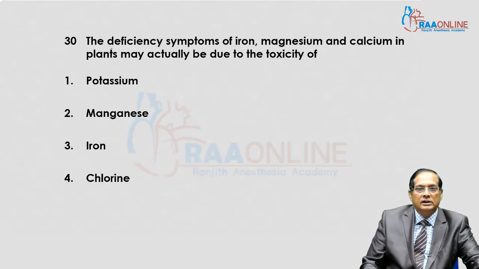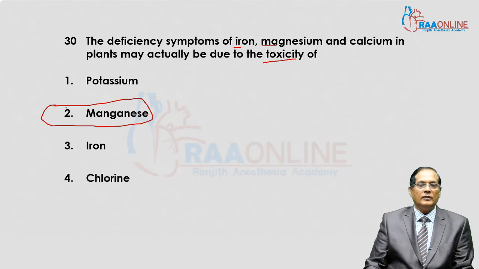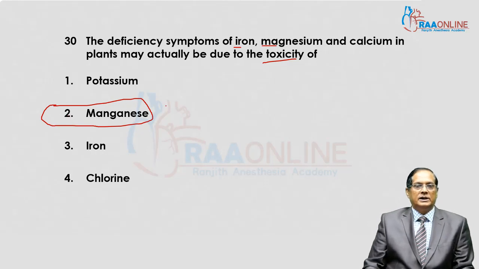Question 30, deficiency symptoms of iron, magnesium and calcium. Some micro elements, if they are beyond their requirement in plant, they cause toxicity.